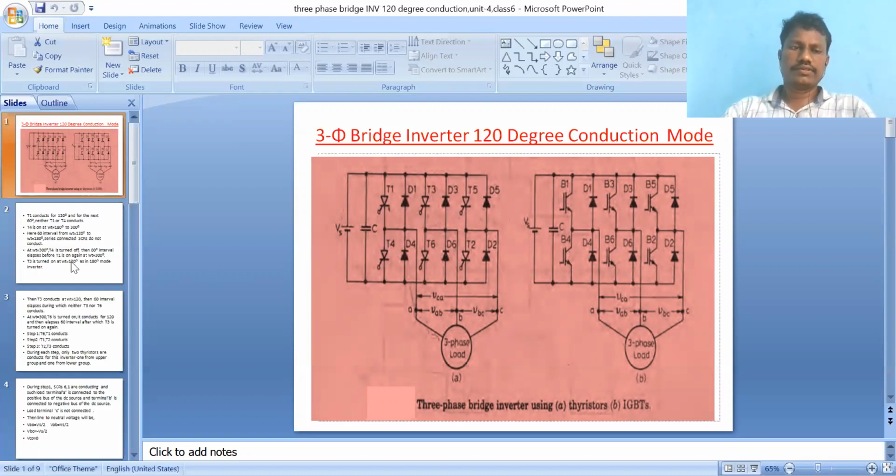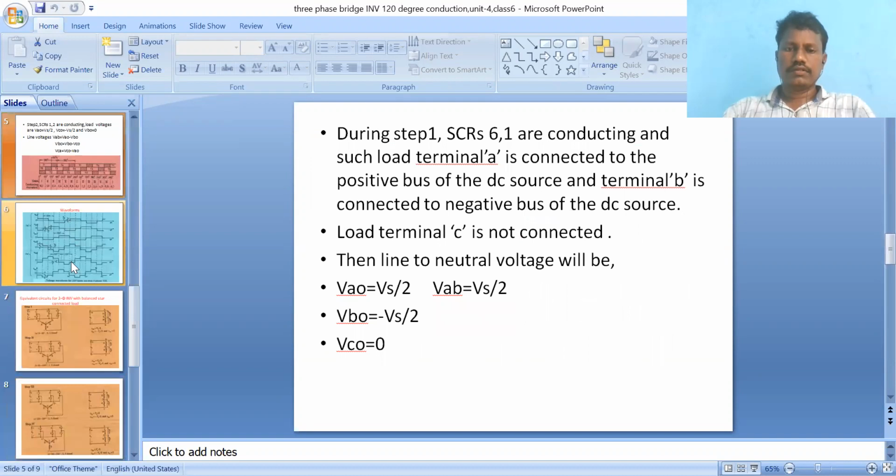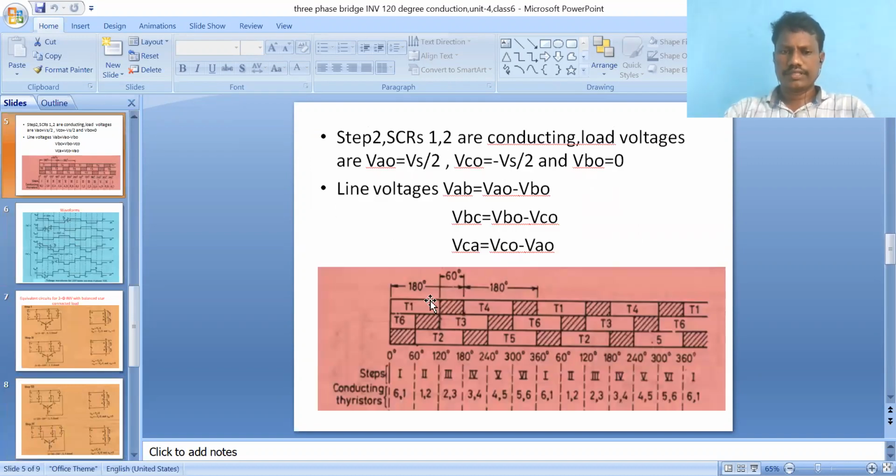So let us see the table of this. I have taken first limb, second limb, third limb. I have taken 360 degrees, divided into 60-degree intervals: 0 to 60, 120, 180, 240, 300, 360.